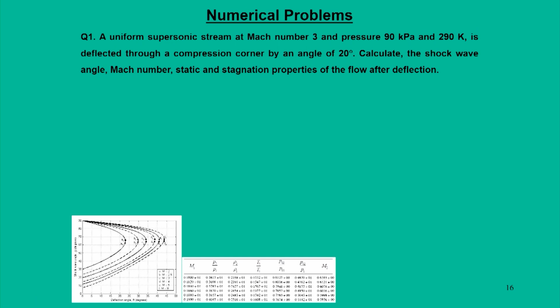For this problem, first you draw the given flow geometry. We have a compression corner, and in that compression corner this angle is 20 degrees, and the supersonic flow is passing through this corner. So, obviously, it will encounter an oblique shock.